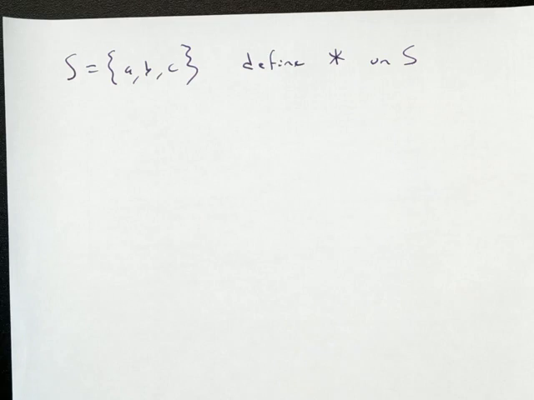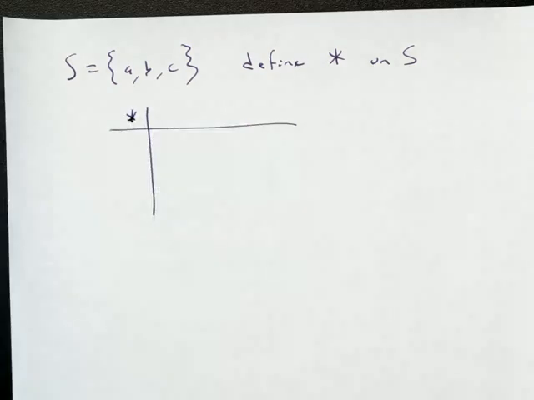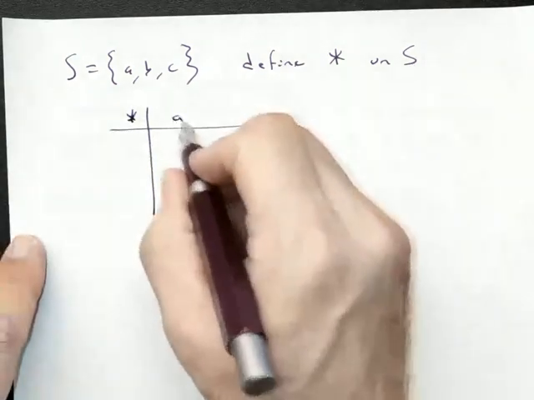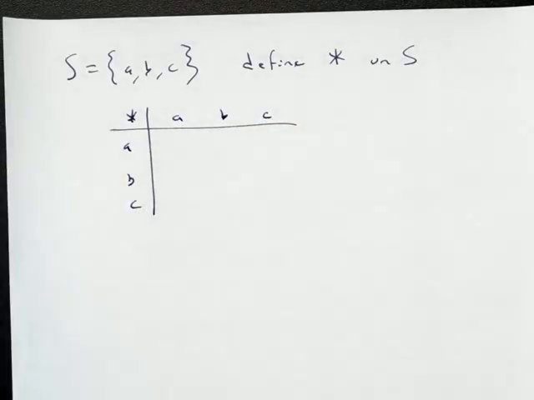I'll make my life easy. I'm going to define an operation table. And because I like linear algebra so much, I'm going to follow the convention we use there, and think row first, then column. So when I do the first row, the row containing A, I'll do A star A, A star B, A star C, going across this row.